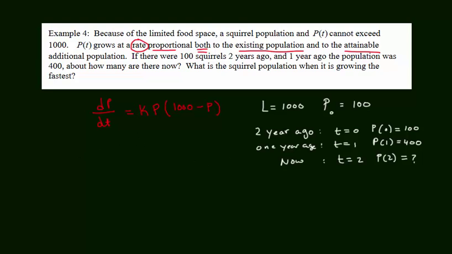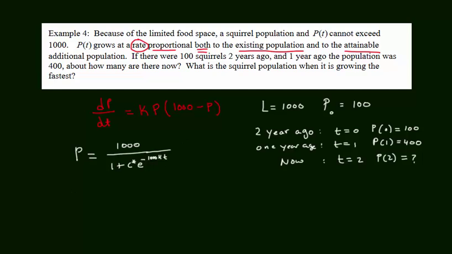Okay, back to the differential equation, which has the solution P equals 1,000 over 1 plus C star e to the negative kLt. Now we know L is 1,000, so 1,000 k t, like that.